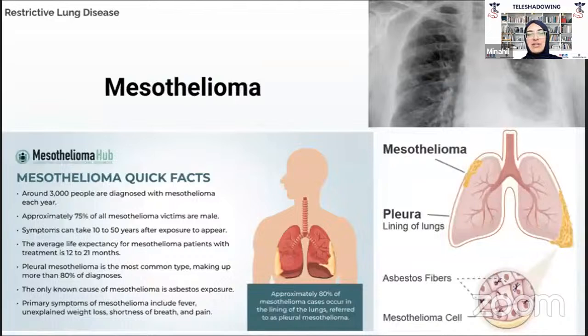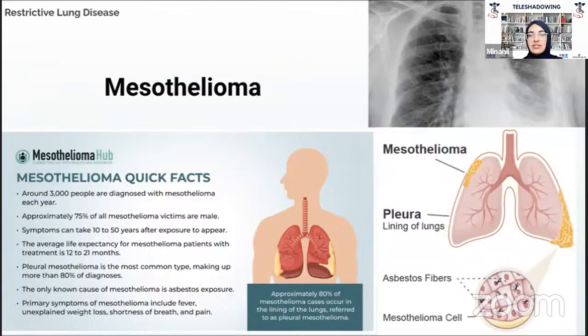It may result in hemorrhagic pleural effusion or exudates and also pleural thickening. It's basically a type of cancer that develops in mesothelial cells. The most common type is pleural mesothelioma that affects the lining of the lungs, but it can also occur in the peritoneum, or the abdominal lining, and also the pericardium, which is the heart lining.